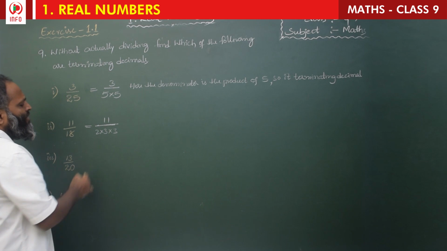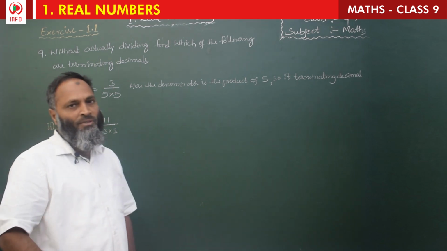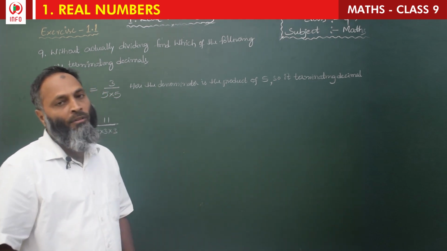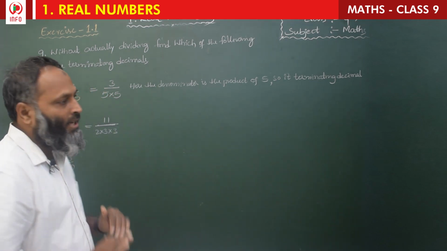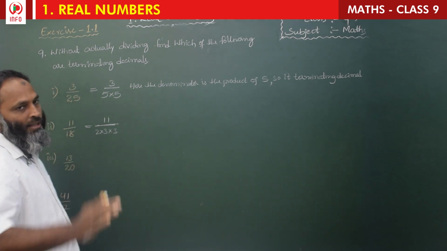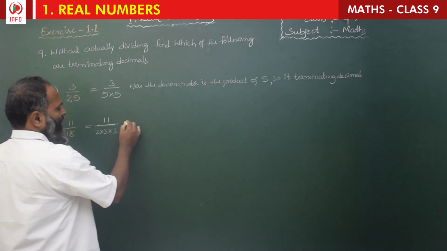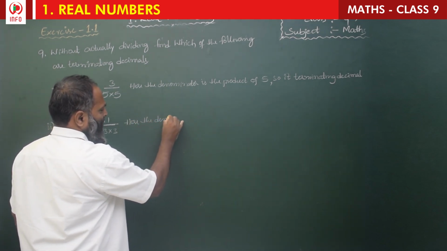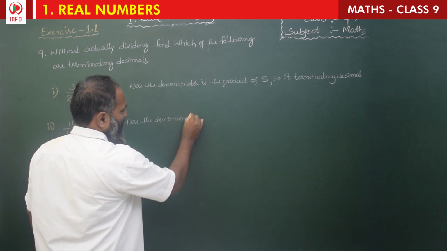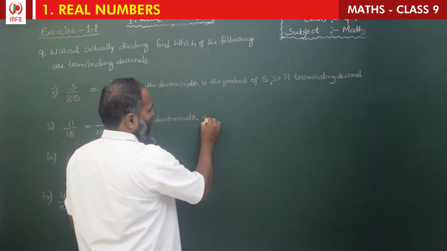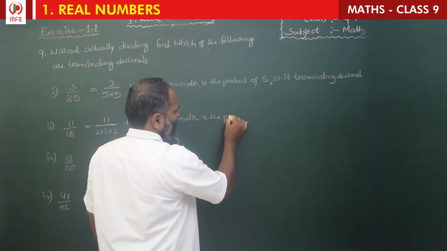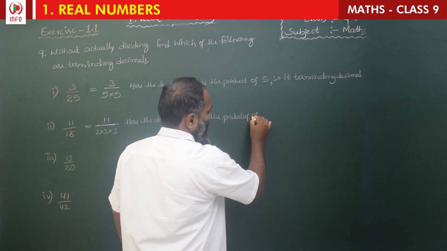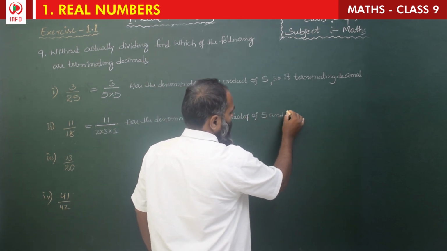So here the denominator is the product of 2's and 3's. The denominator should be a product of either 2's or 5's or 2's and 5's. If any other number comes in the denominator, then it is not a terminating decimal. So here the denominator is the product of 5 and 3.